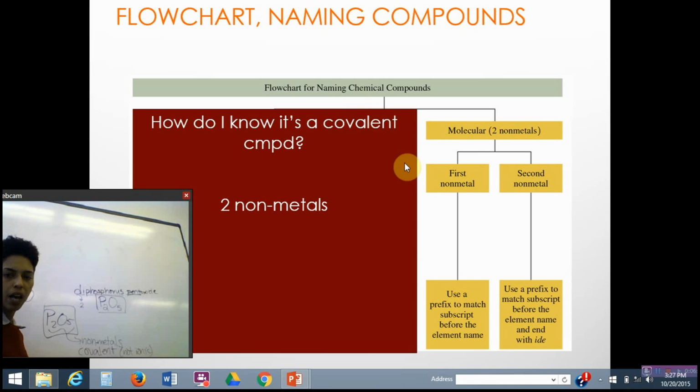So how do we name it? You've got the first nonmetal, second nonmetal. You use the prefix to match the subscript before the element name, and you end in ide for the second atom.